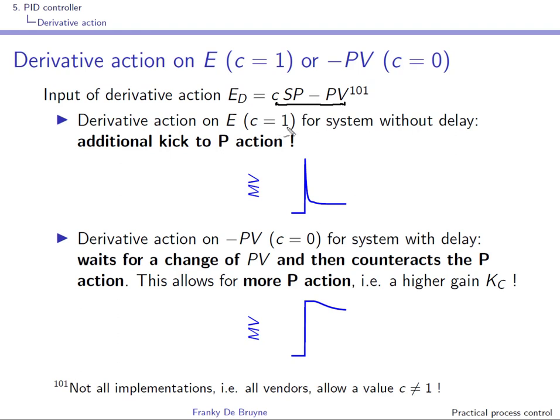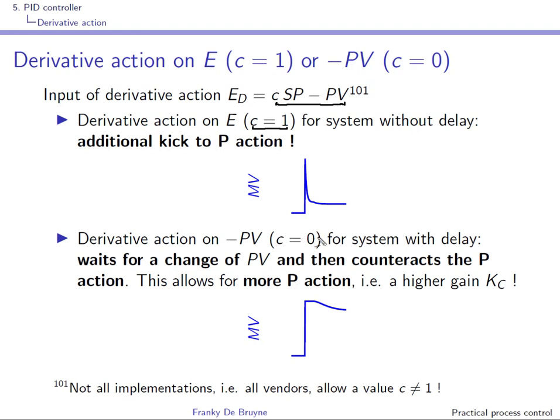Notice that if you have C equal to 1, which is typically used for systems without delay, then the additional derivative kick is going to be in the same direction as the proportional kick, and the height of this derivative kick will depend on the filtering of the derivative action. We'll come back to that later.